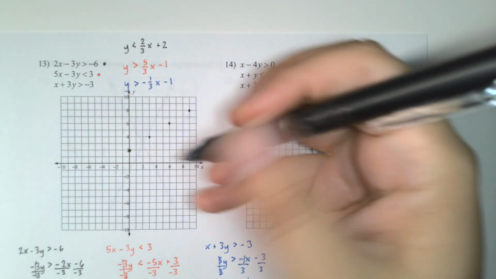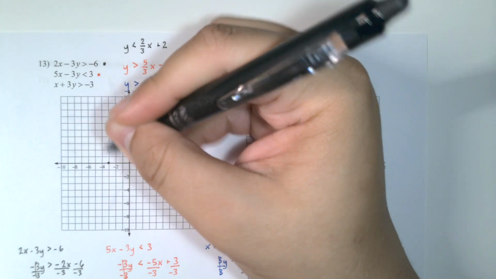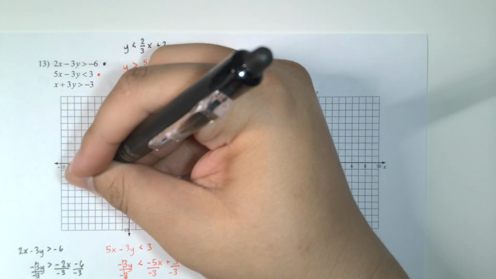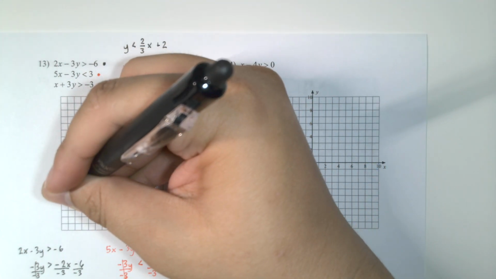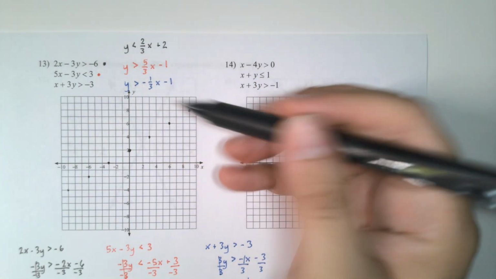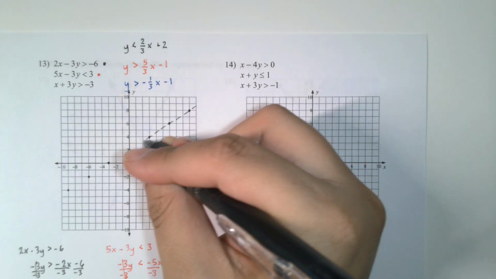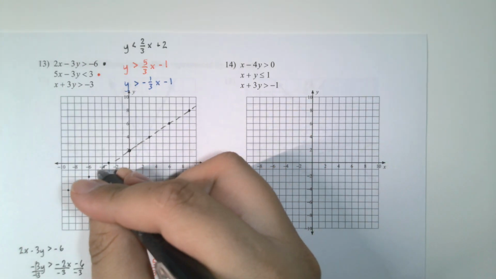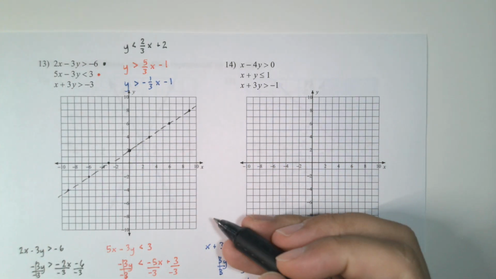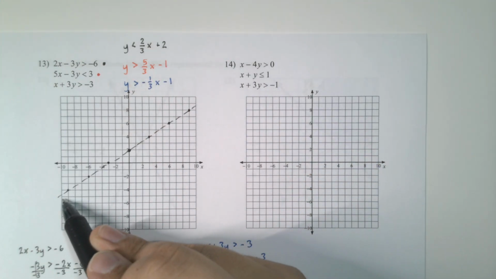And then working backwards, same thing. I can go left 3 and then down 2, left 3, down 2, left 3, down 2. And because this is just less than, but not equal to, this is going to be a dotted line. And because it is less than, we're going to shade everything below this line.